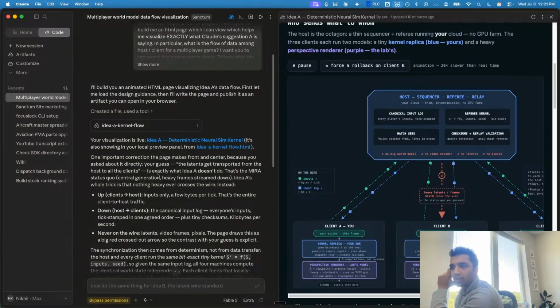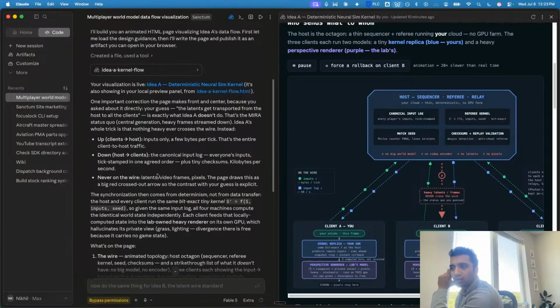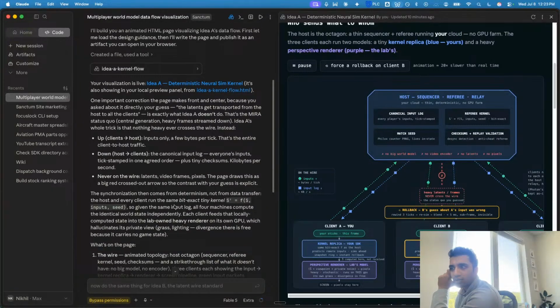This referee kernel, so you're given a state of the world, and this has positions, velocities, score, whatever.